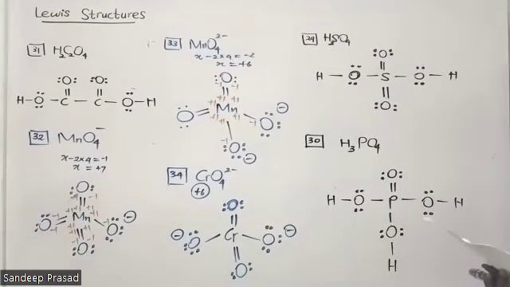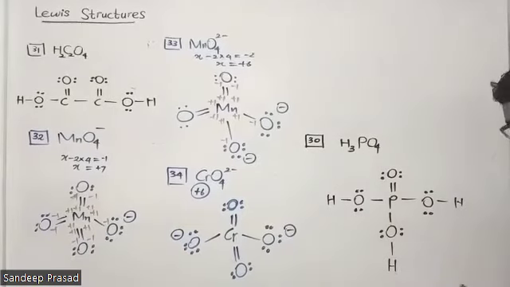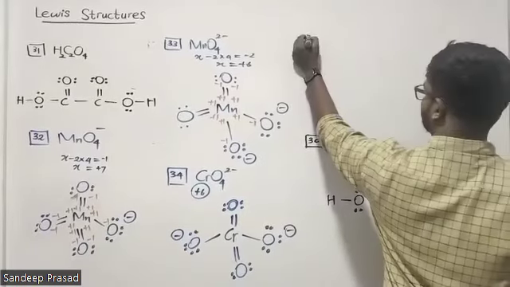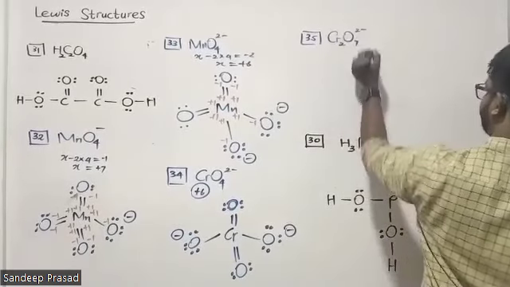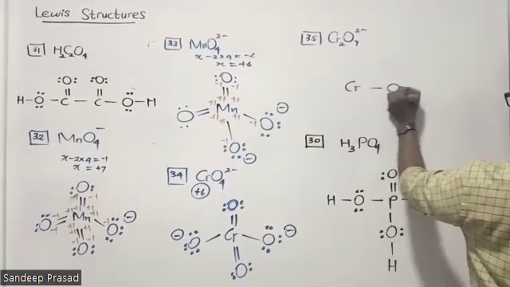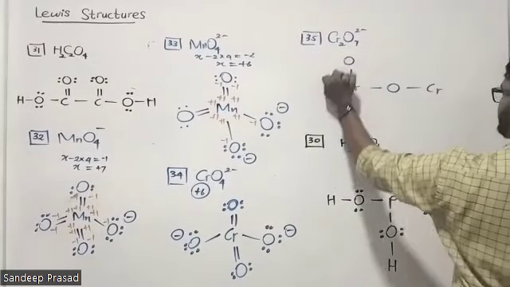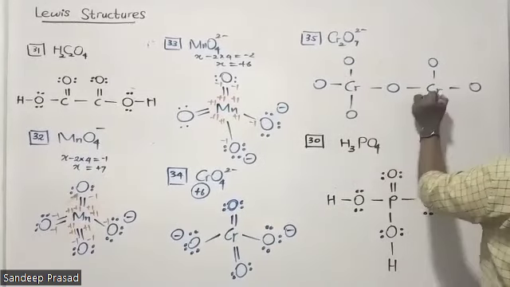Next one, dichromate, Cr2O7 2 minus. I'll give you the skeleton for this one. Don't worry. Oxygen connected to chromium atoms, oxygen, oxygen, in this way.